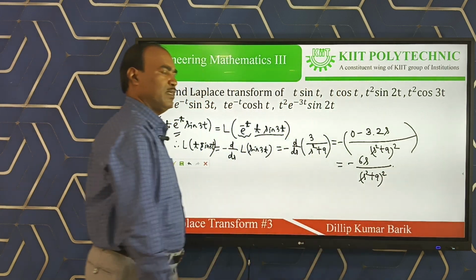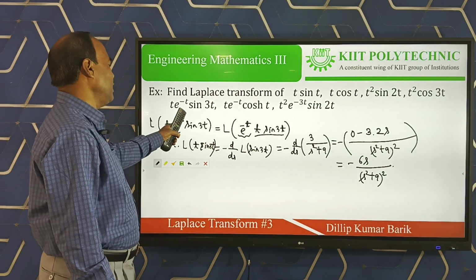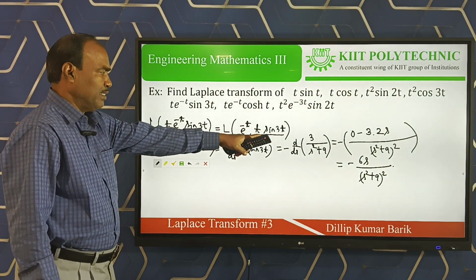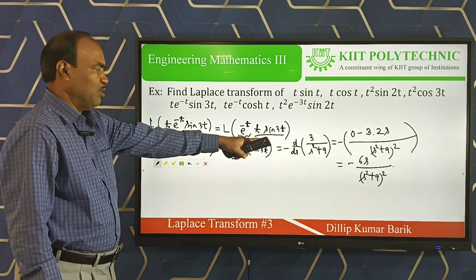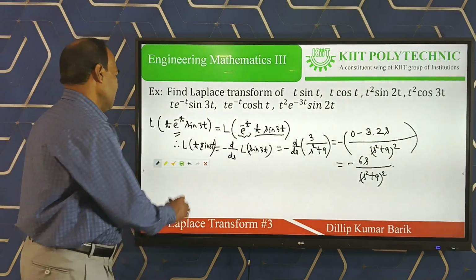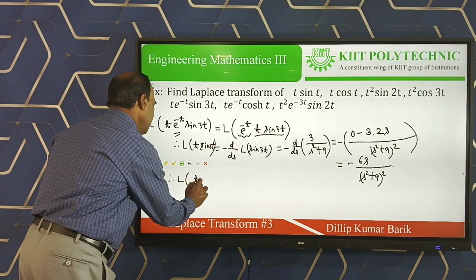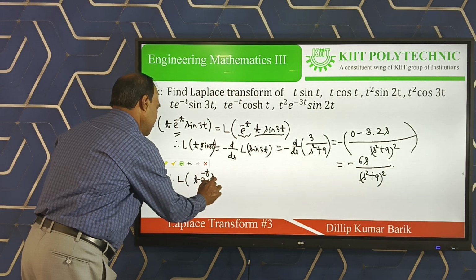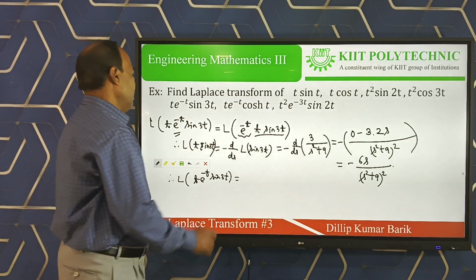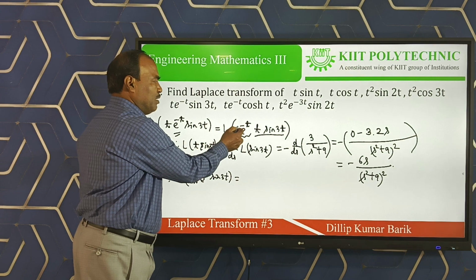But this is not the final answer. Our question was Laplace of t into e to the power minus t sin 3t. This answer, 6s by (s square plus 9) whole square, is the Laplace of t into sin 3t. So, final, right. Therefore Laplace of t e to the power minus t sin 3t, it will be what? Now see, what is e power minus t? The t coefficient is minus 1.